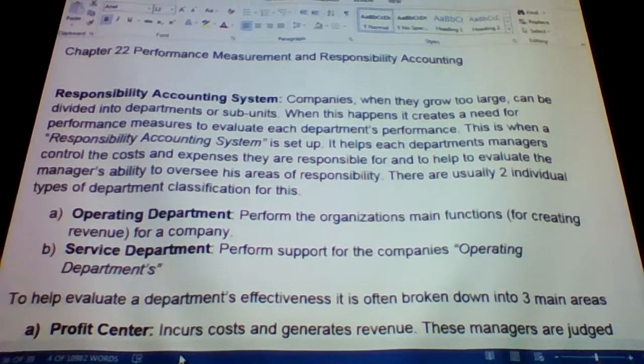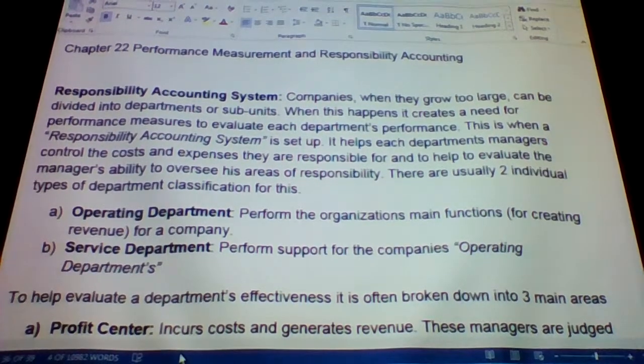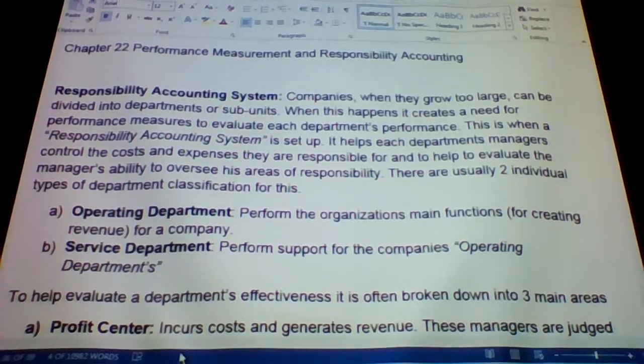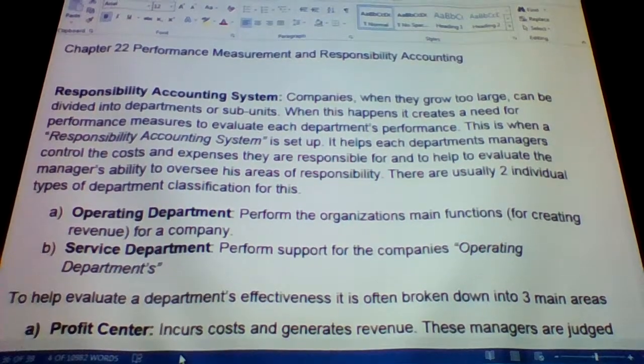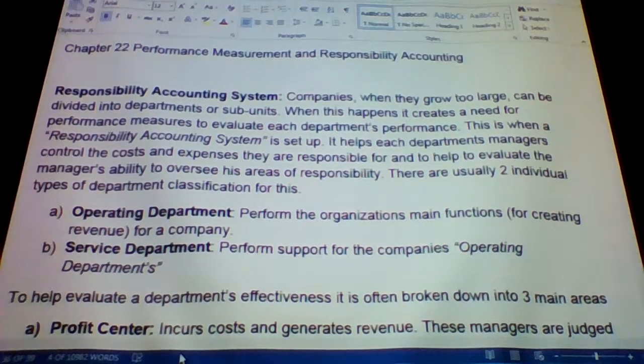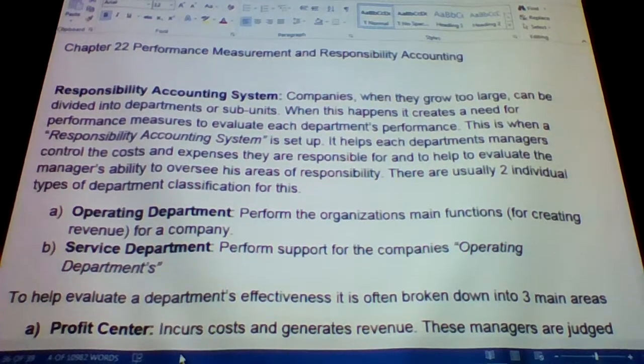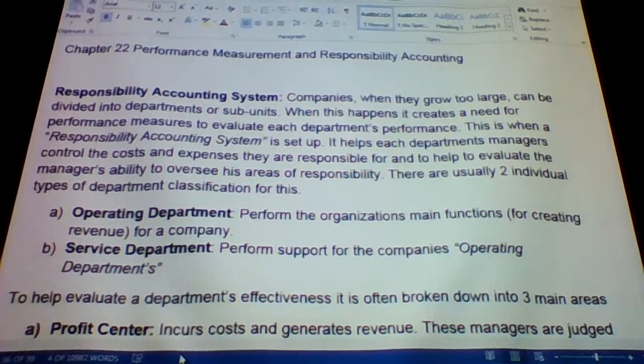That way they have buy-in, because they're actually going to work harder knowing that they helped come up with that budget than if you just walk up to them. To use the example from chapter 20, I gave somebody $12 and said your job rests on your ability to make me $1 million off this $12. You're probably going to tell me to do something unspeakable with my $12. But anyways, this is what we're talking about, responsibility accounting.